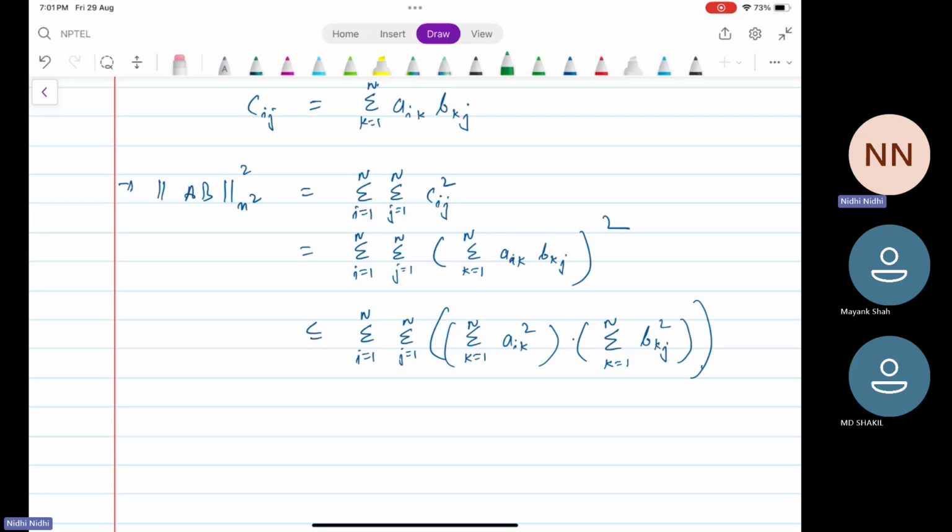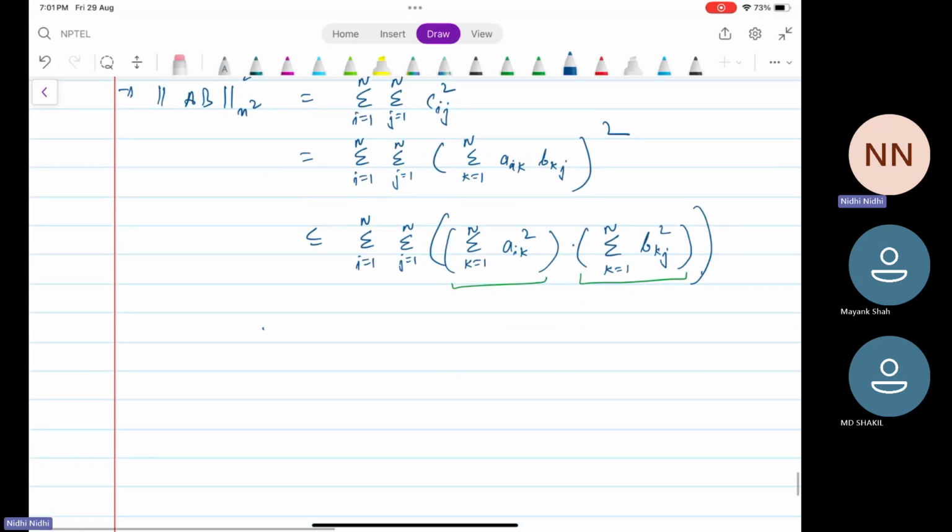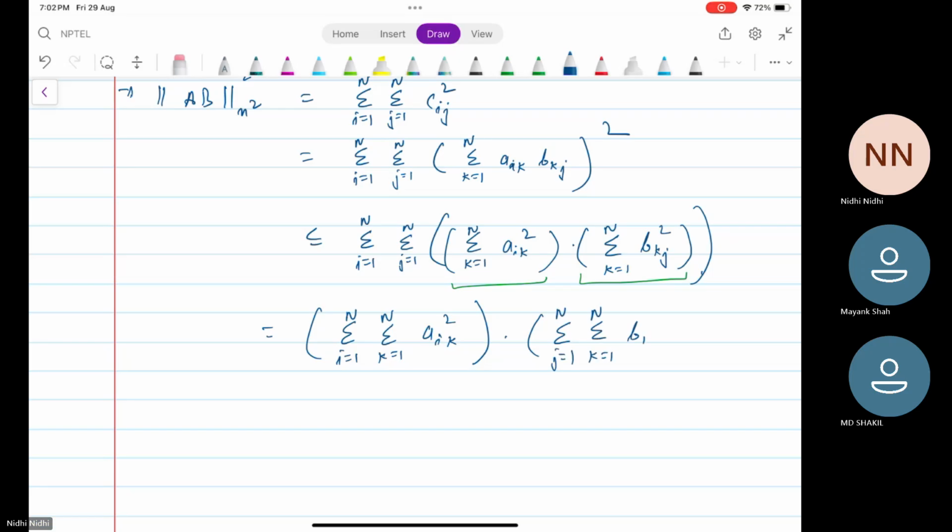Now this term is independent of j and this term is independent of i. So we can write this as the sum over i, k of aik squared times the sum over j, k of bkj squared.